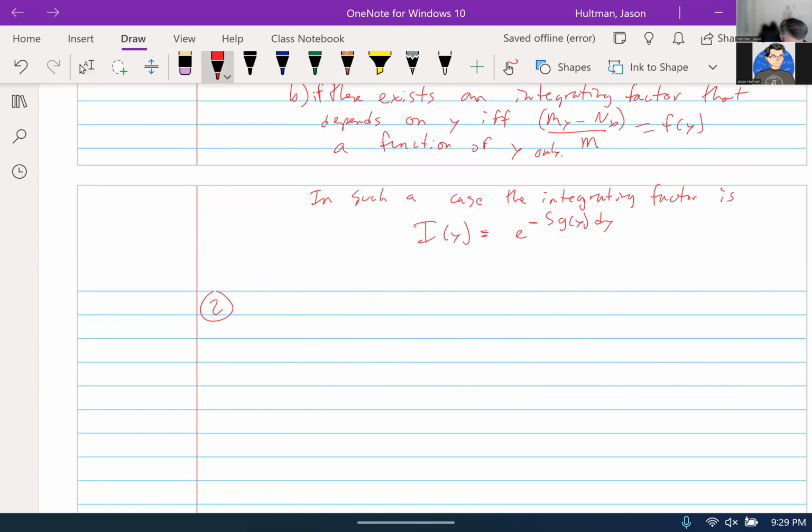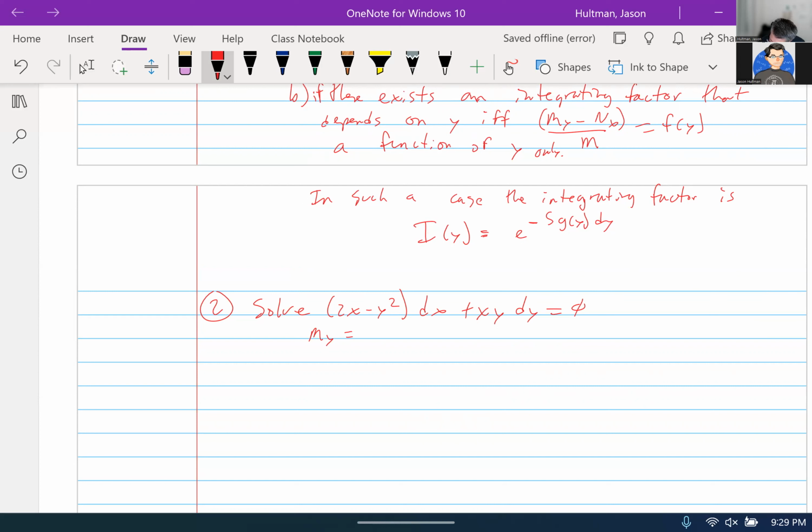Number 2, solve (2x minus y squared) dx plus xy dy is equal to 0. Is it exact? Well, let's find out. M_y is equal to what?